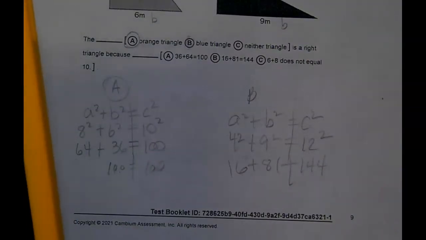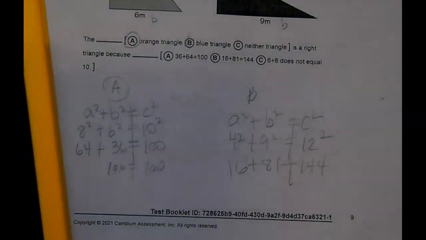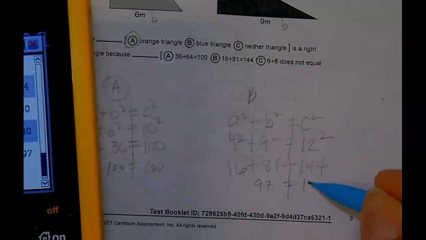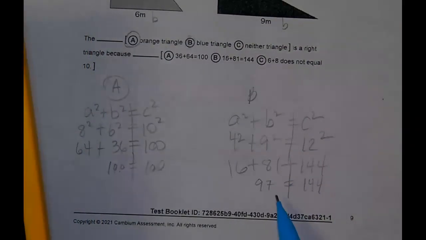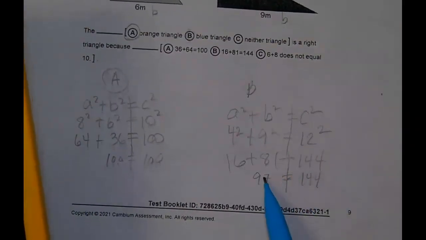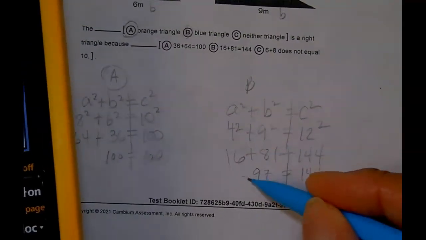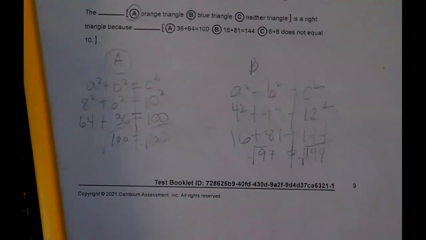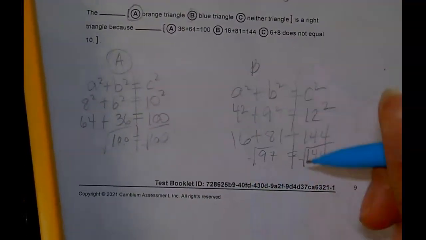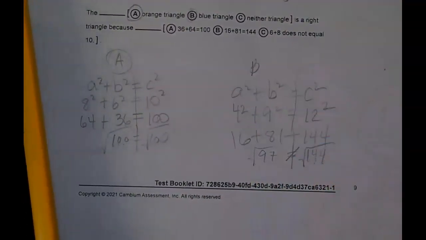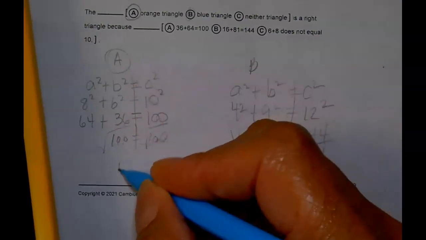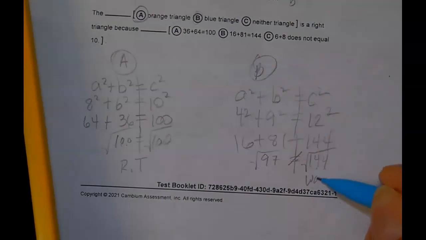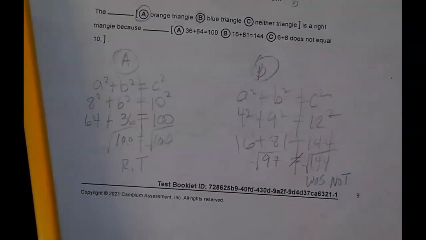So 16 plus 81 is 97. 144. Clearly we see, what do you notice? Even if you square it, you know it's a right triangle. But here, it is not a right triangle. So A was a right triangle, but B was not.